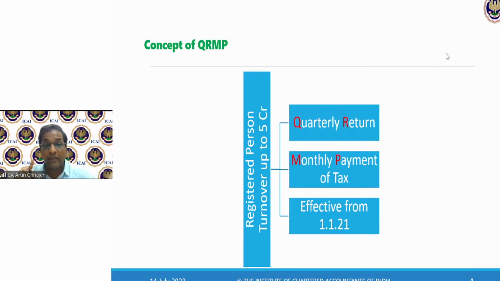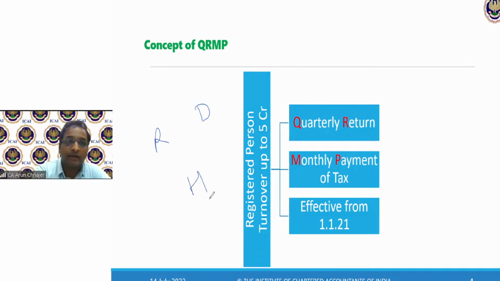What is QRMP? QRMP, if aggregate turnover is up to 5 crore. Please give me the quick answer. Suppose I am doing business in Rajasthan, in Delhi, and in Haryana. I have 3 GST numbers. In Rajasthan, I have a turnover of 2 crore. In Delhi, I have a turnover of 2 crore.